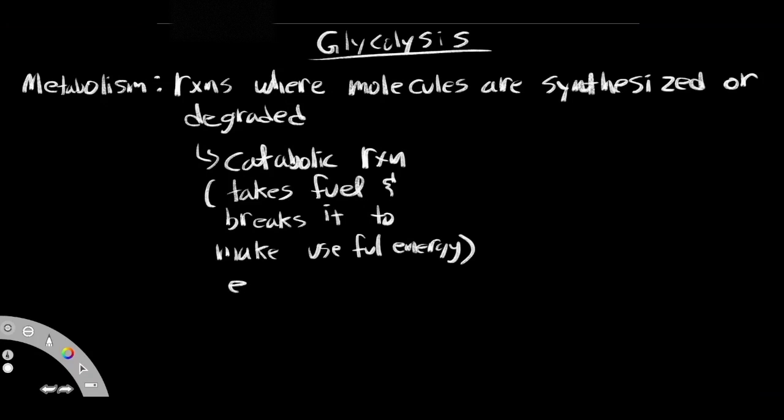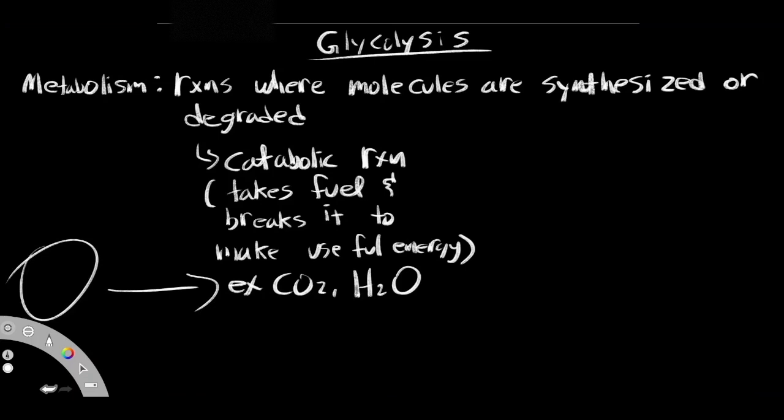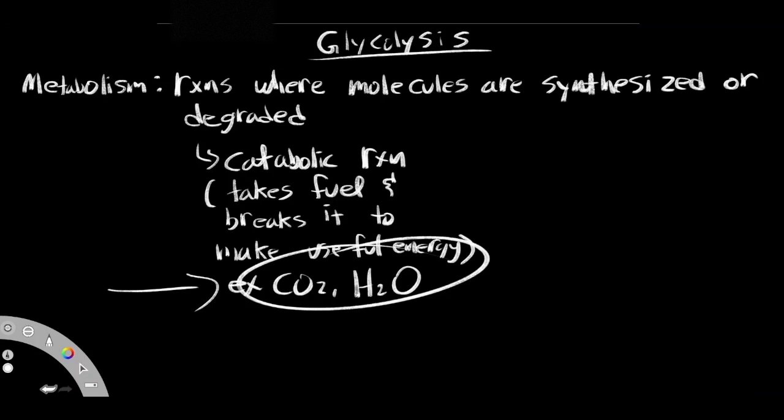An example, CO2, carbon dioxide, H2O can also be produced. You see how this is looking very similar to the cellular respiration formula, right? Cellular respiration has certain products and it has certain reactants and it produces these products, CO2 and H2O, right? We breathe this out, we sweat this out, for example.